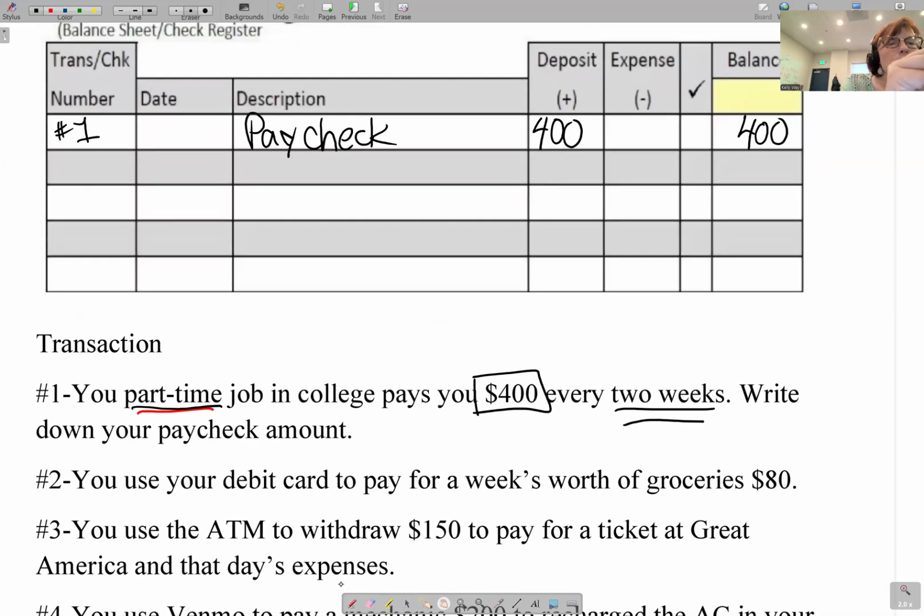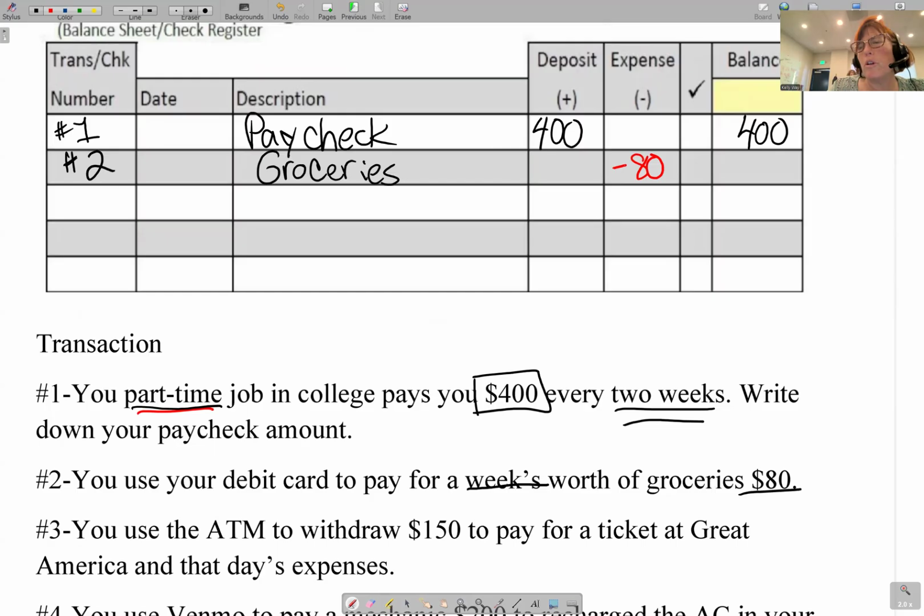Use your debit card to pay for a week's worth of groceries, which is $80. So it's number 2, groceries. And that is an expense. So technically you're going to minus 80.